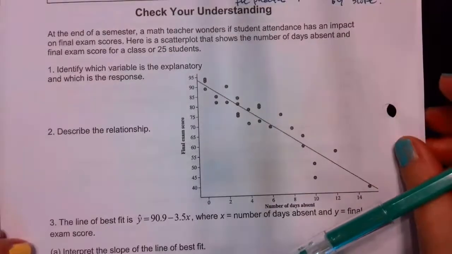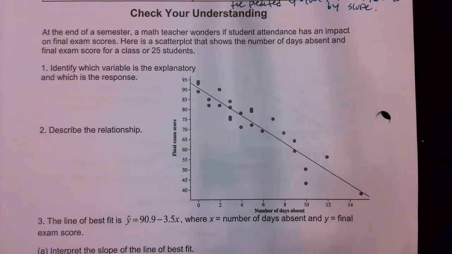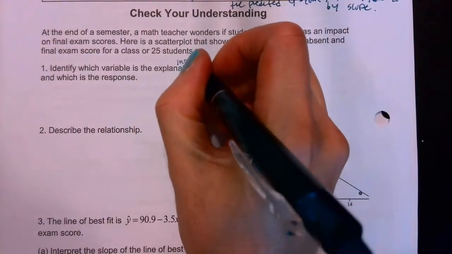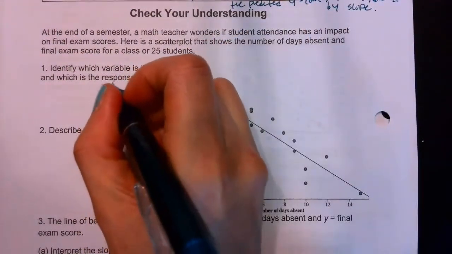Perfect. All right, now let's check to see whether we have understood. At the end of the semester, a math teacher wonders if a student's attendance has impacted the final exam score. Here's a scatter plot. It shows the number of days absent and final exam score for a class of 25 students. Identify which variable is explanatory and which is the response. Remember, explanatory is the input, and response is the output.